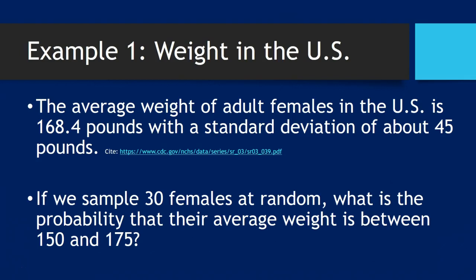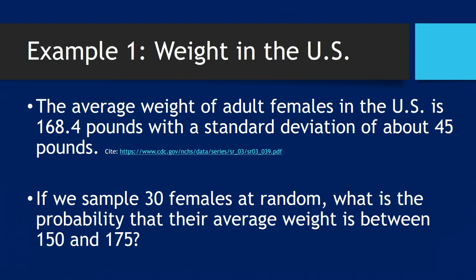So let's do some examples of the central limit theorem and see how we would use this in real settings. If you look up the CDC data, the average weight of adult females in the United States is 168.4 pounds with a standard deviation of 45 pounds.